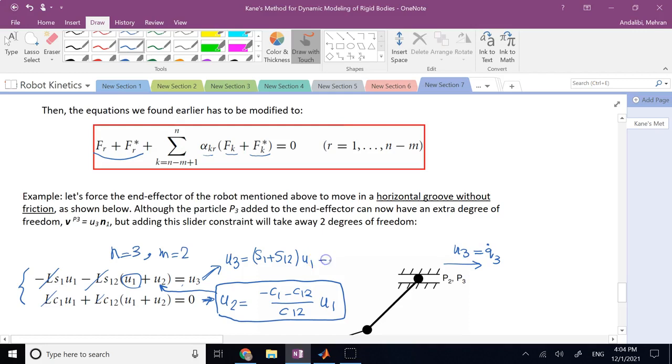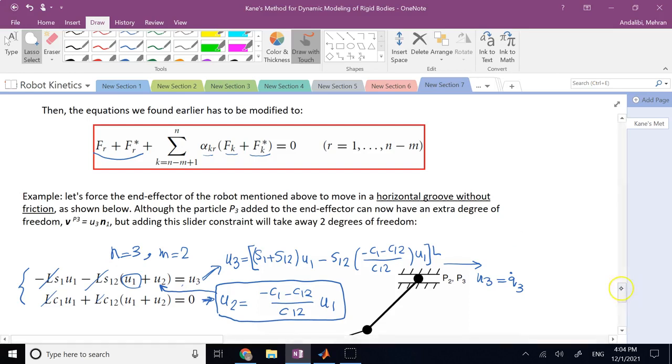And then minus S12 U2, but U2 is this guy here, so you can replace it, then multiply the whole thing by L, right?